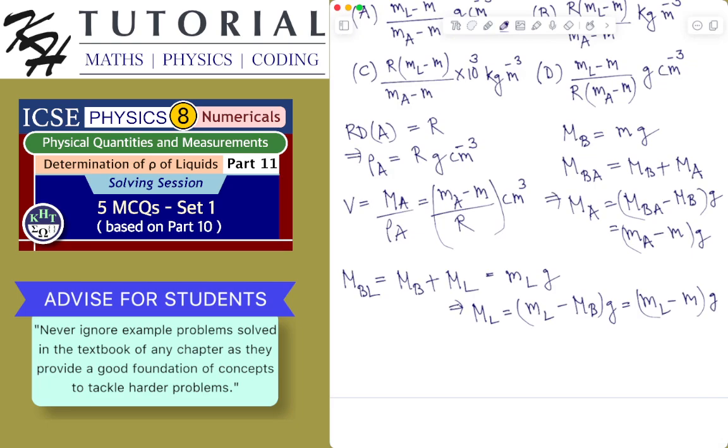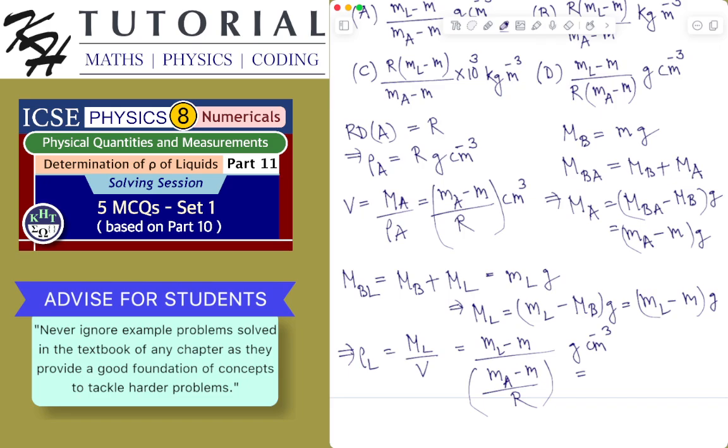Also we know the volume of the density bottle, which is ma minus m by R. So the density of the liquid L is the mass divided by the volume, which is ml minus m divided by ma minus m divided by R, this much gram per centimeter cube.